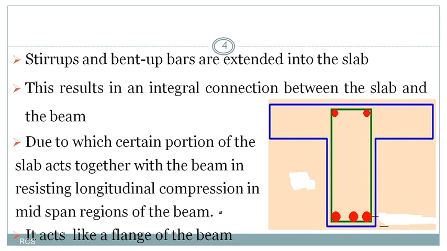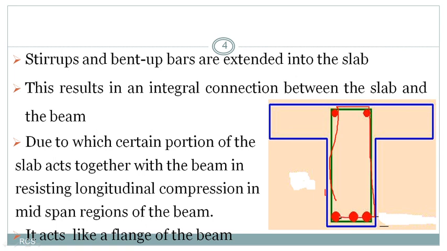As I told you, the slab and beam are integral with each other. The slab is an integral part of the beam. How is it made so? Here if you see, the stirrups that we provided in the beam are extended into the slab. This is a stirrup which extends into the slab portion also.